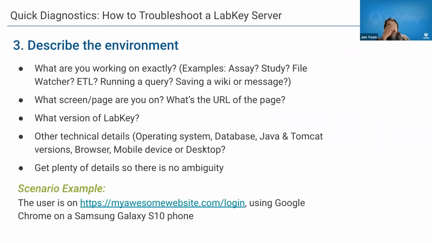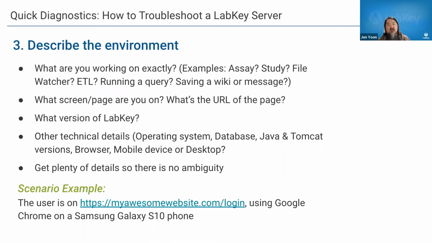So the next thing is to describe the environment. So for LabKey folks, what are you working on exactly? Are you working on an assay, a study? Are you creating a new file watcher, or maybe editing an ETL, or possibly creating a brand new query? Are you saving a wiki, or updating a message board? Playing in Biologics, or a new Sample Manager?